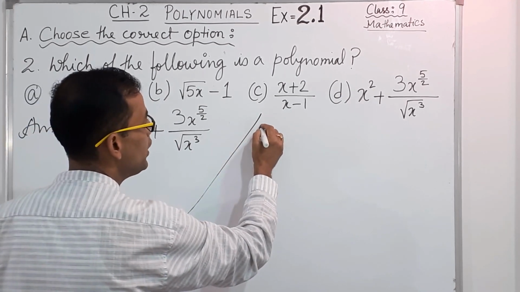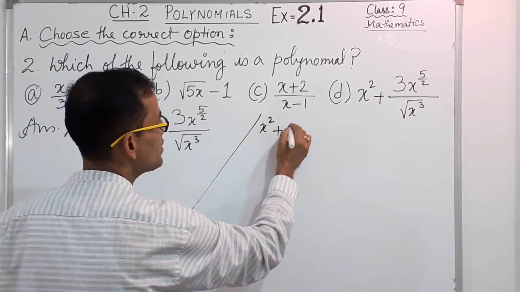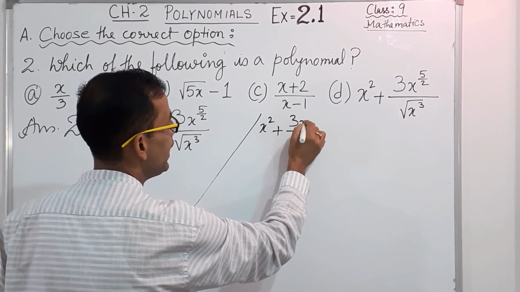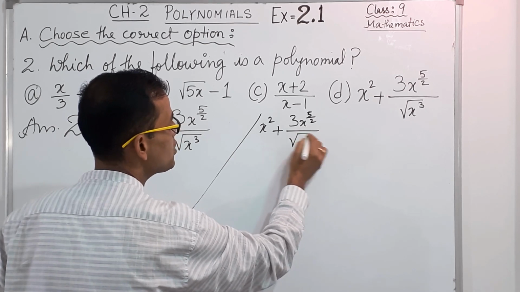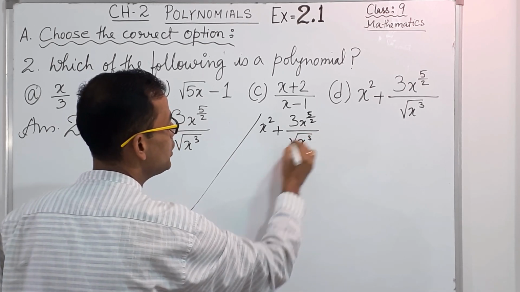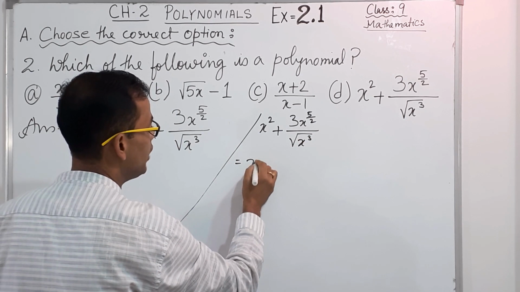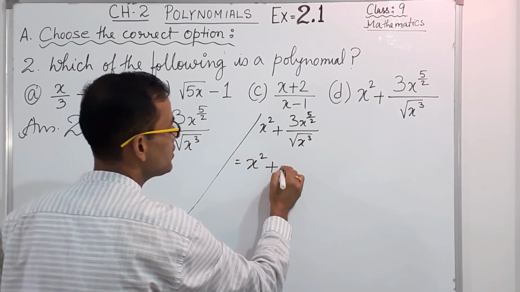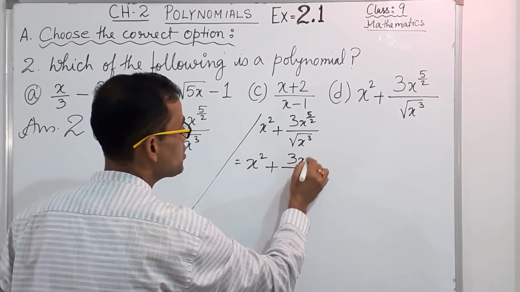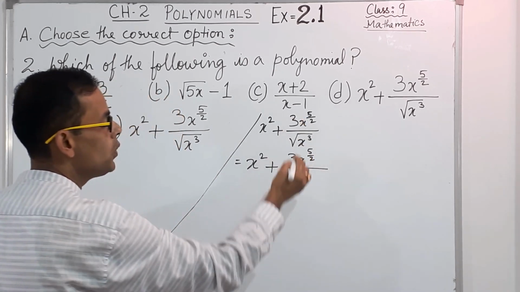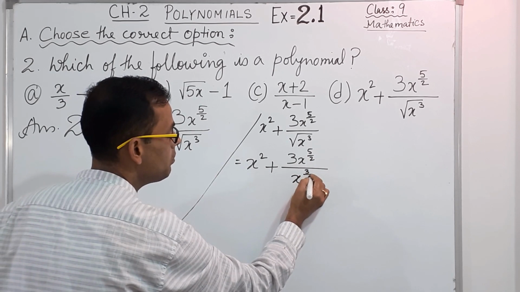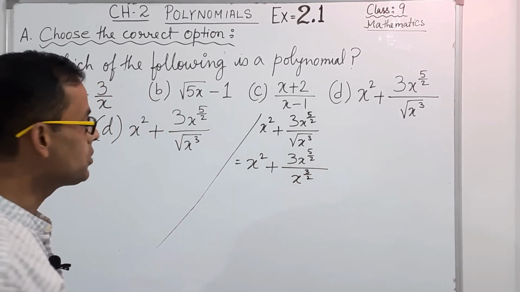So what I will do? x square plus 3x to the power 5 by 2 and square root of x cube. Now look, I am solving this one. x square plus 3x to the power 5 by 2, and this will become, if I remove this square root, 3 by 2. Clear up to this much?